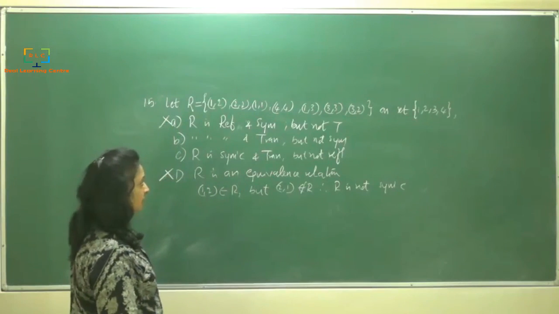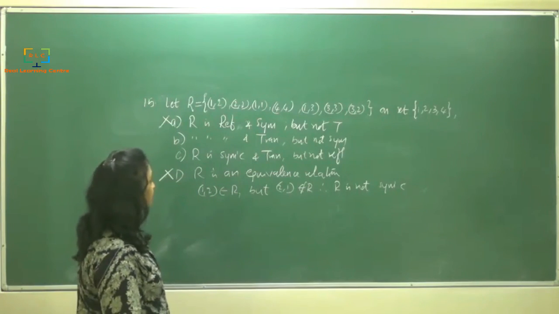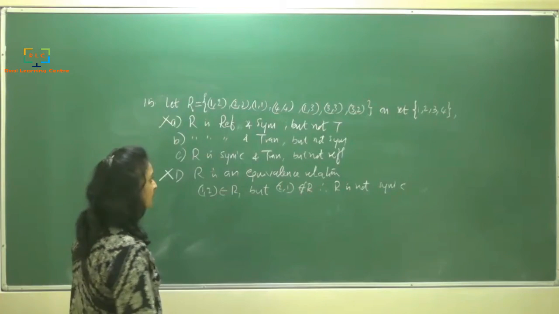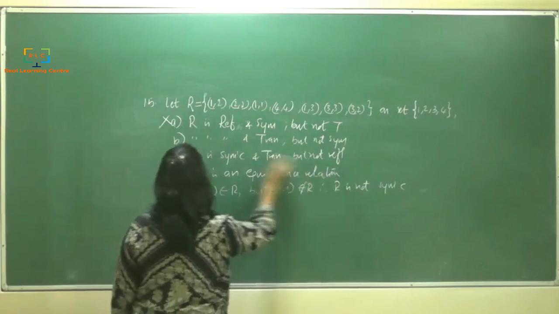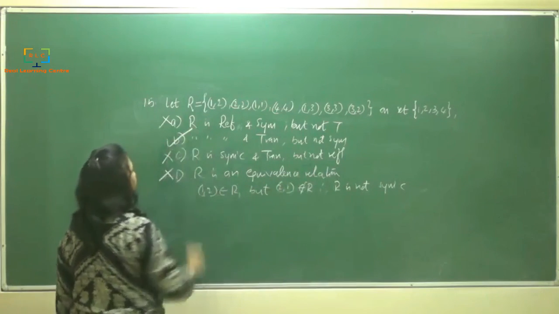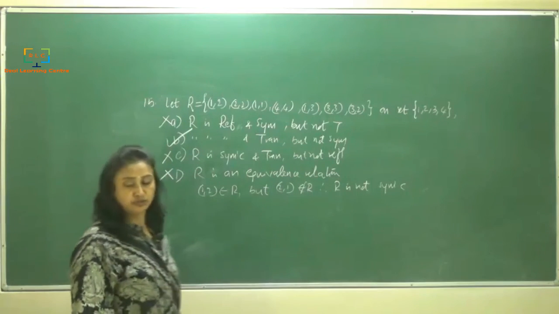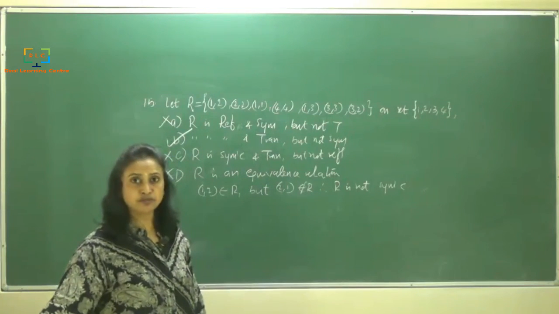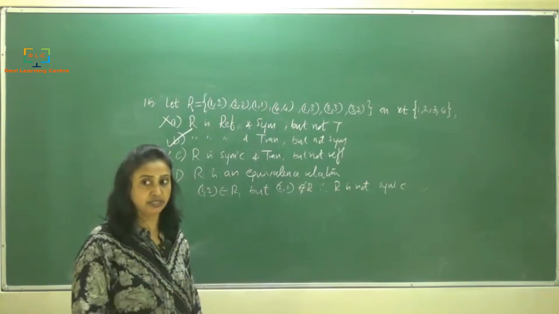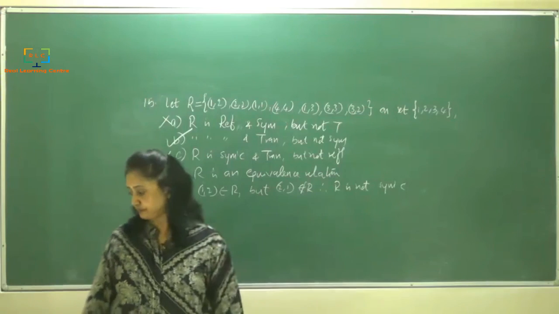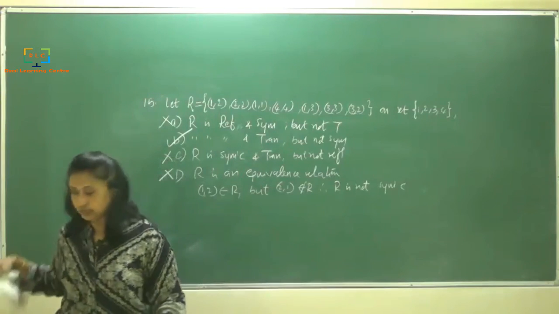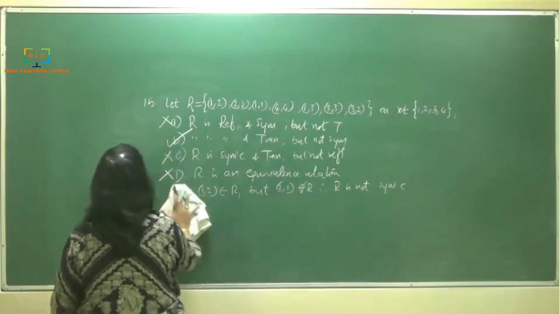It is reflexive, is it not? But here they have given but not reflexive, so this is not the answer. So, obviously B option is the answer. For checking from the options to show how to recognize the answer, I did like this. And now with this, I shall stop with relations.